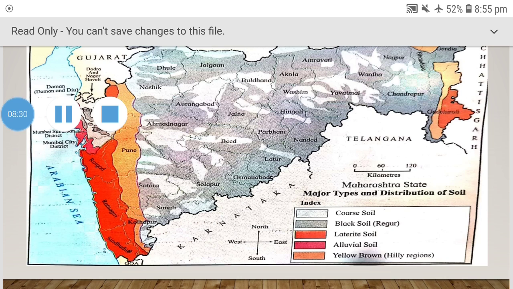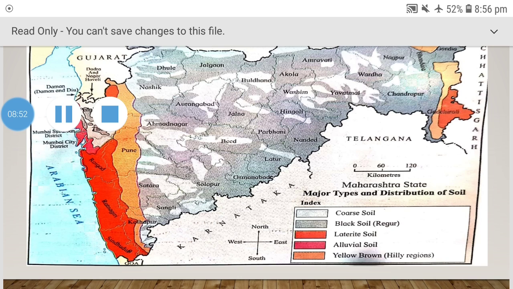In short, the flow in the Konkan areas is at very great speed, so hardly any soil is left out over there. Normally around Panvel, Uran, the coast, in that area you will see this type of soil.